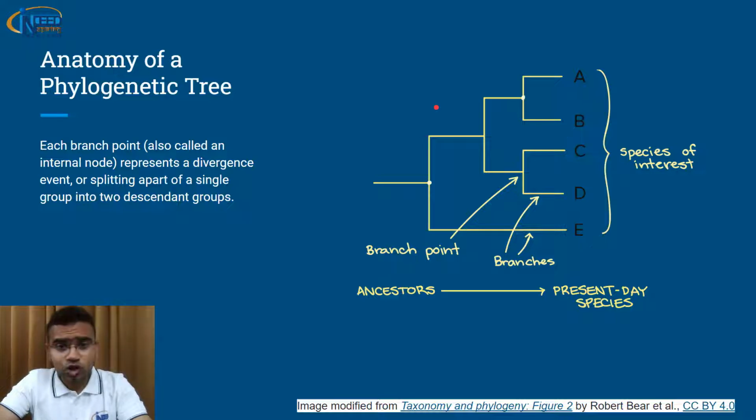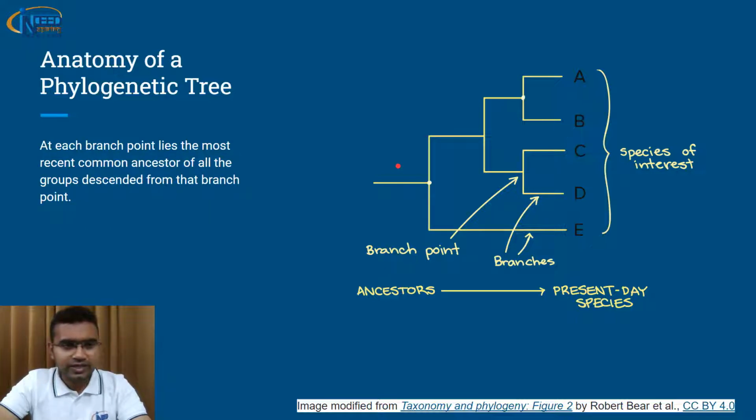Each branch point is called an internal node. In terms of this data structure, this particular split, this divergence, you can call an internal node. An internal node is split into two descendant groups, so those descendants are coming from one internal node or one species.